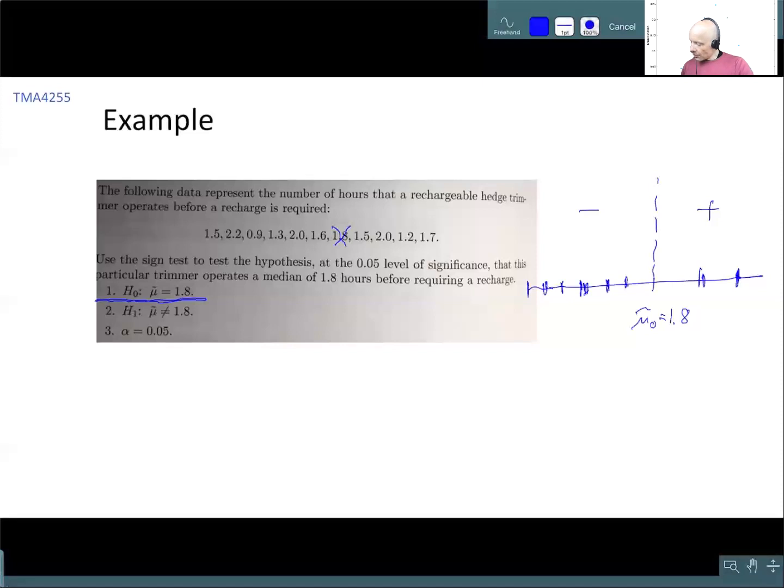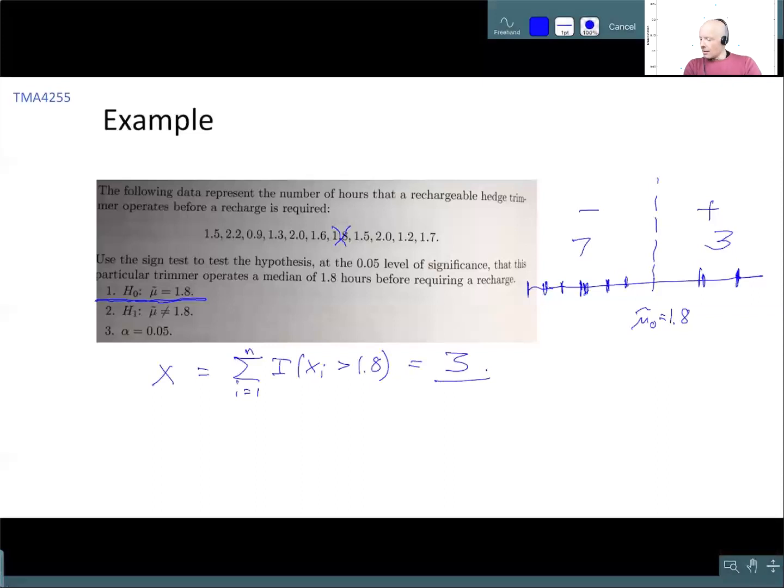So we see that there are 3 samples here and 7 samples on the downside. So that means X, the sum of these indicators that are larger than 1.8, is here equal to 3.